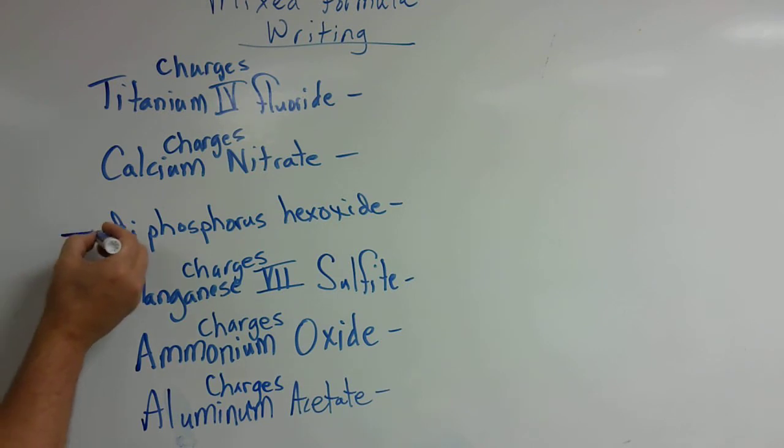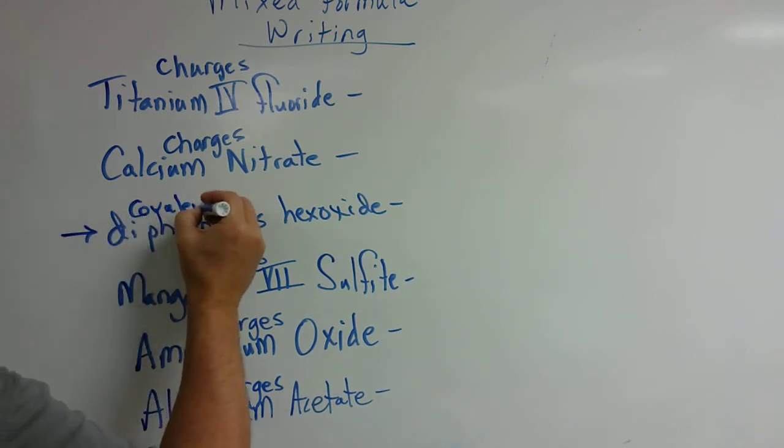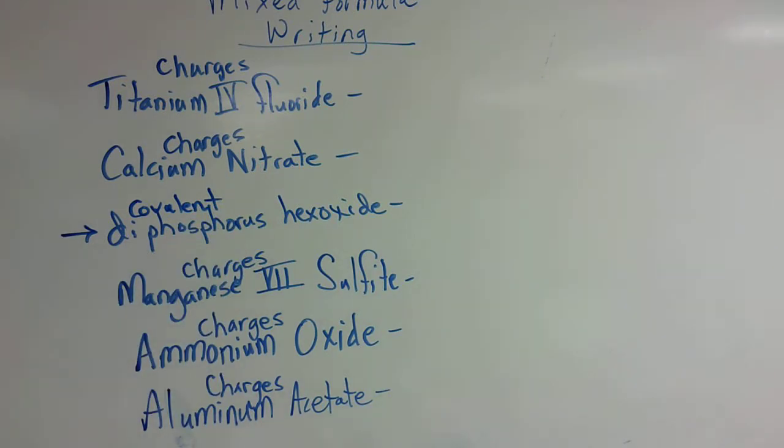The only one that has a prefix is this one, so this is the only one that we would classify as covalent. Again, just look at it and get your simple clues. I gave you the simple clue on it.